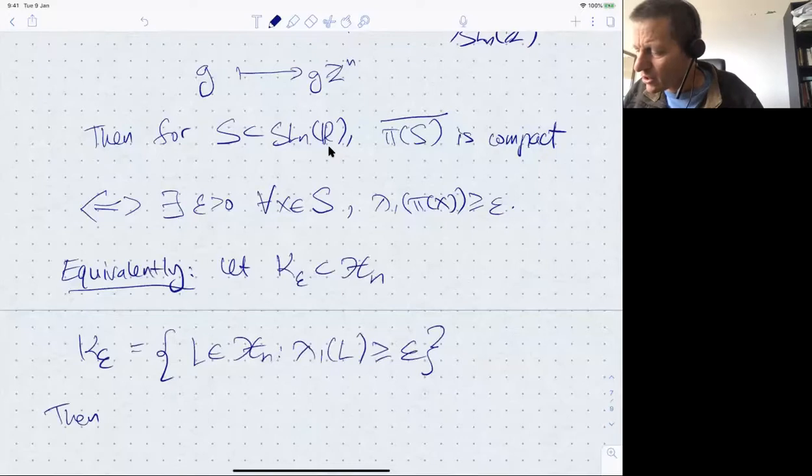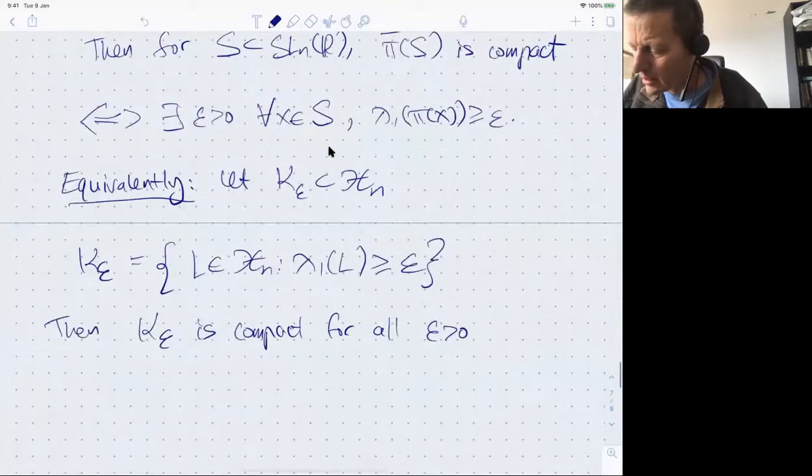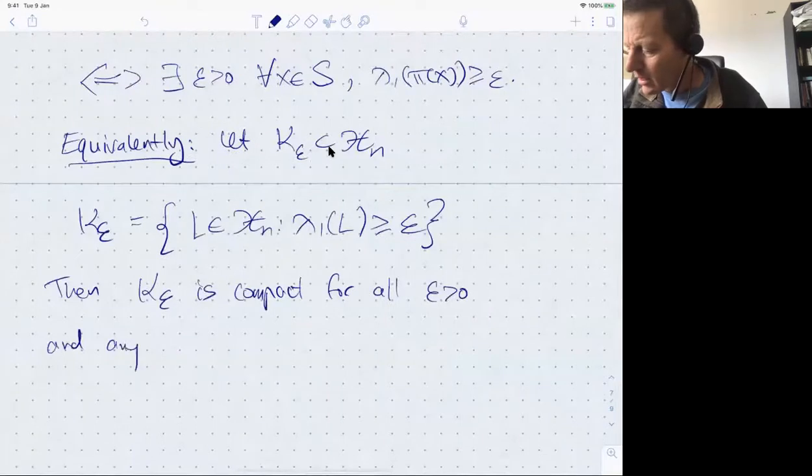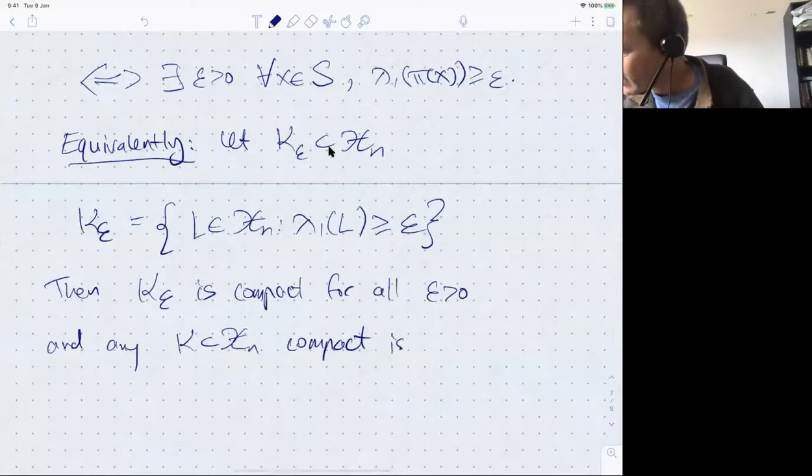It's saying that each K epsilon is compact, and it's also saying that whenever you have a compact subset of the space of lattices of covolume 1, it's contained in one of these K epsilons.